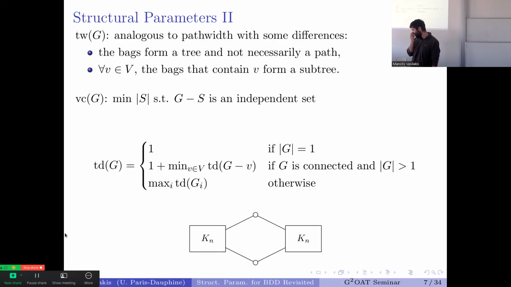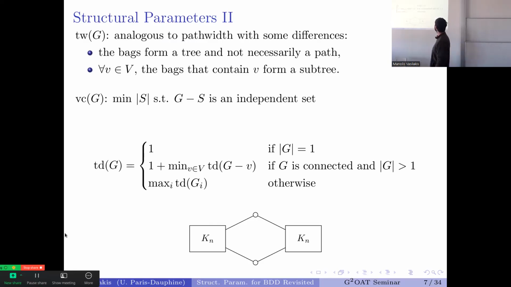And tree depth for a graph is defined like that. If our graph is not connected, then the tree depth of our graph is the maximum over the tree depth of the connected components. The interesting case is the middle one, where we remove one vertex and we hope for the best, so we minimize over the tree depth of the remaining graph.